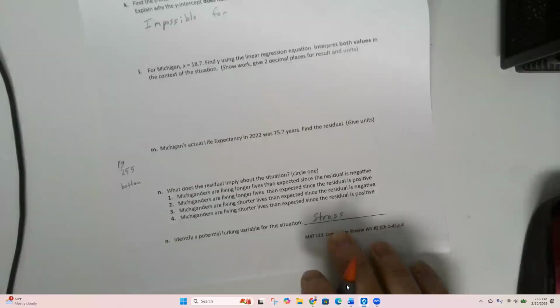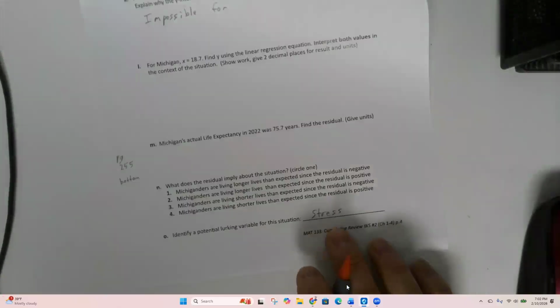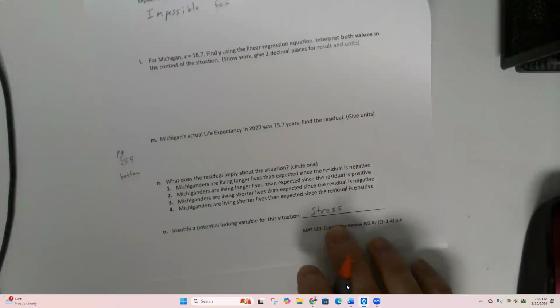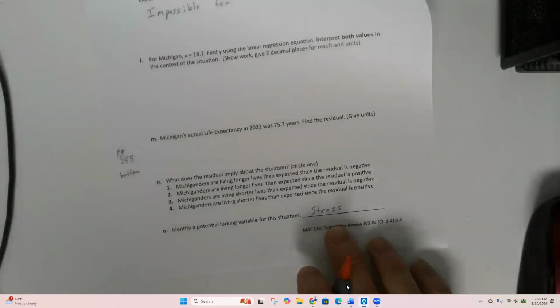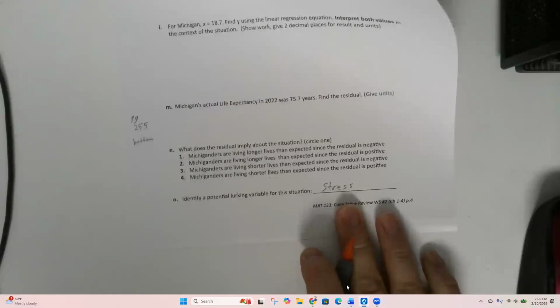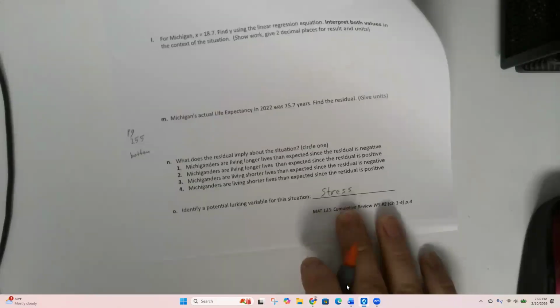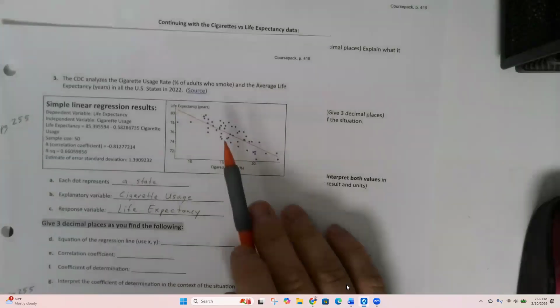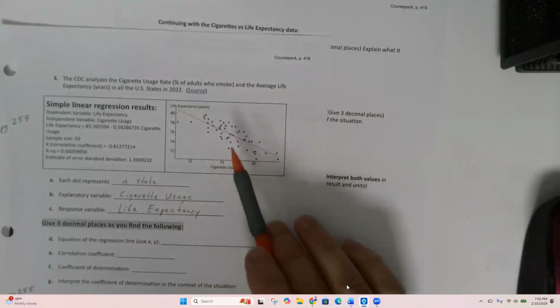If you're living in a state, maybe New York, where there's a lot of stress, we know that stress causes people to use cigarettes more. We also know that stress leads to hypertension, not sleeping as much, and it leads to lower life expectancy. So this could be a cause that we're not even looking at in this graph. That's actually what's causing both of these numbers to go up or down.